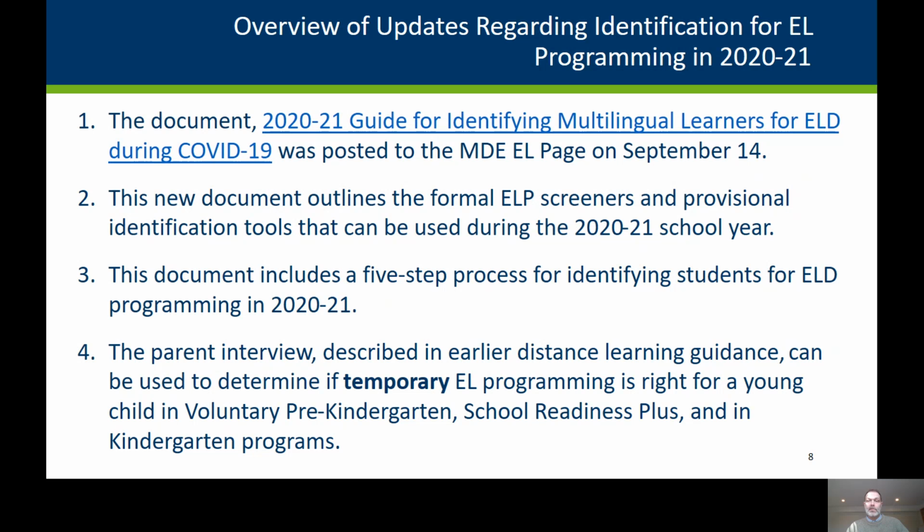This was posted on September 14th and is a quick guide. It's a one-pager. It outlines the formal ELP screeners and provisional tools, and includes a 5-step process for identifying students for EL programming.